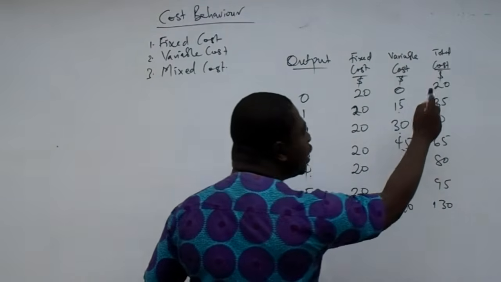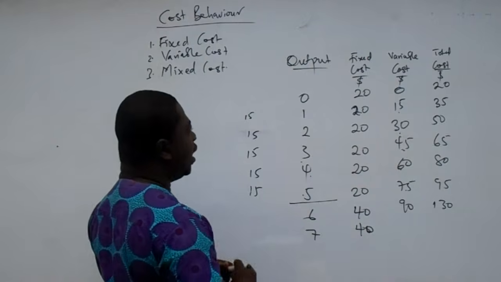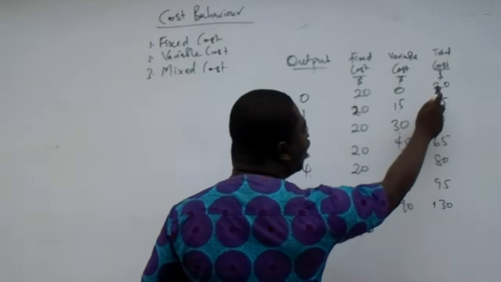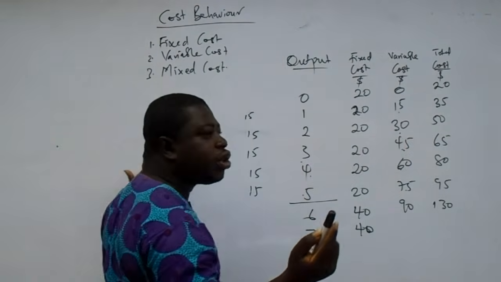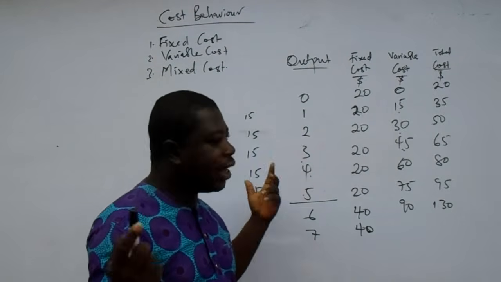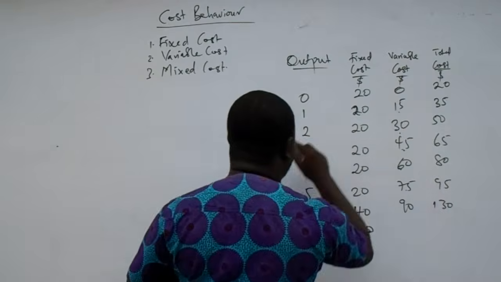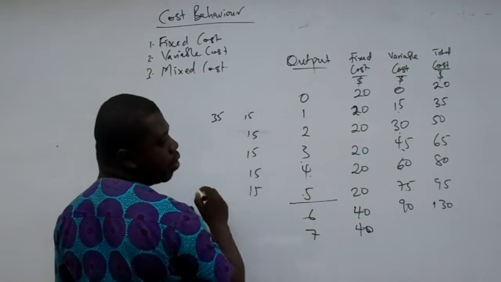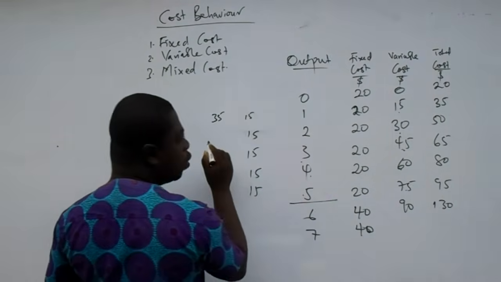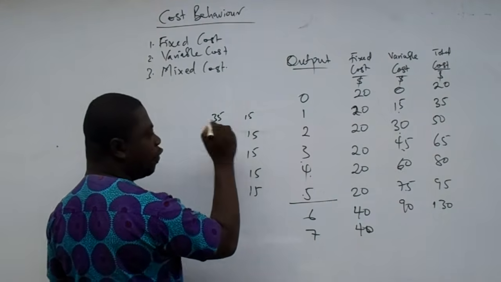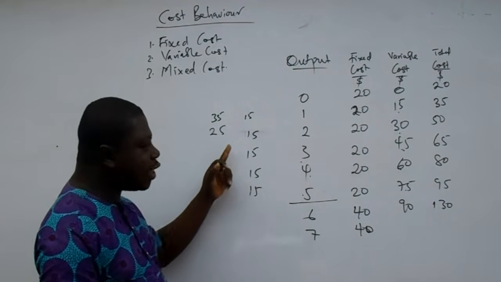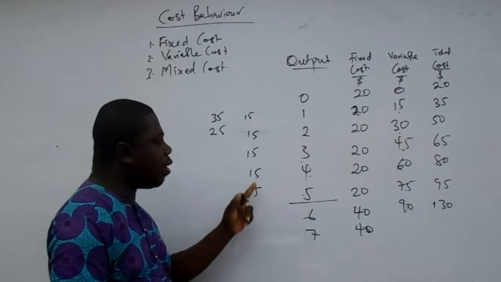But if you take total cost, which is a mixed cost, let us try that as well. If you divide $20 by 0, of course you have a math error. It's undefined. If you divide 35 by 1, you have $35. If you divide 50 by 2, you have 25. You see that there is a change. It's not constant like that of the variable cost per unit.